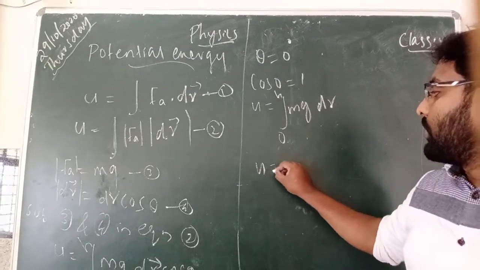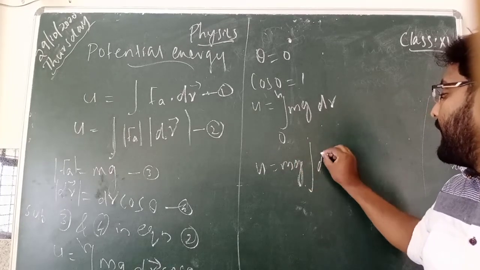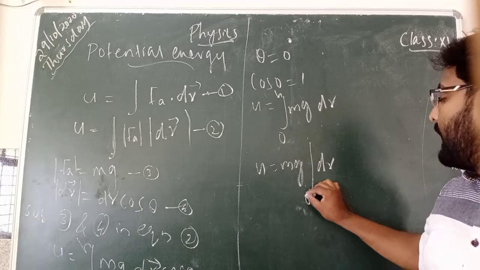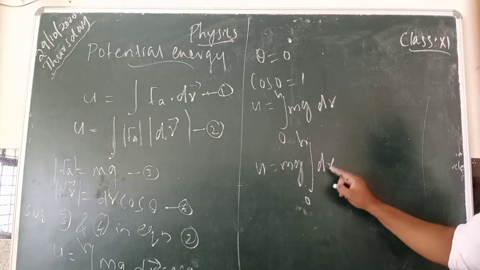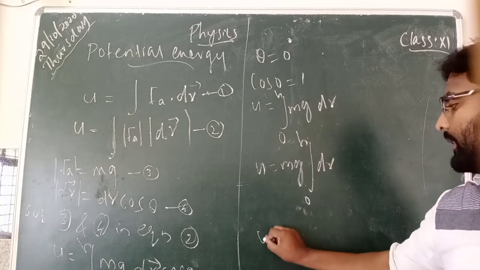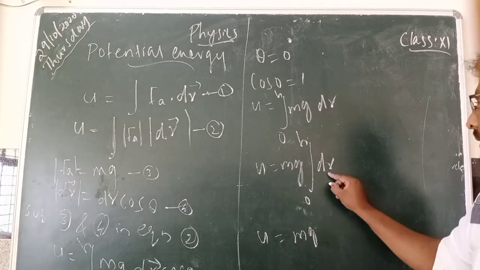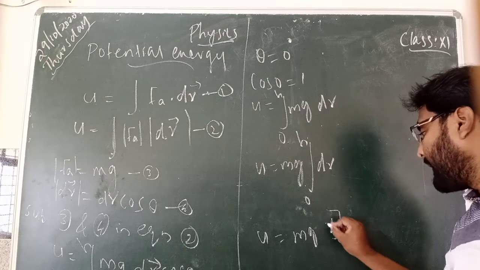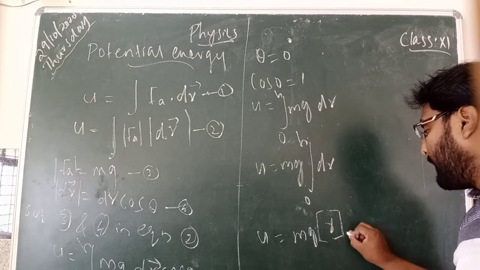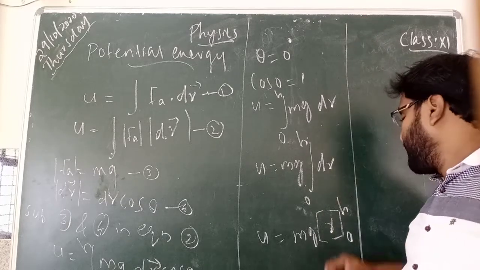So u is equal to mg, you take outside, integrate dr for the limit 0 to h. Now integrate this: u is equal to mg, integration of dr is r, limit 0 to h. Apply the upper limit.